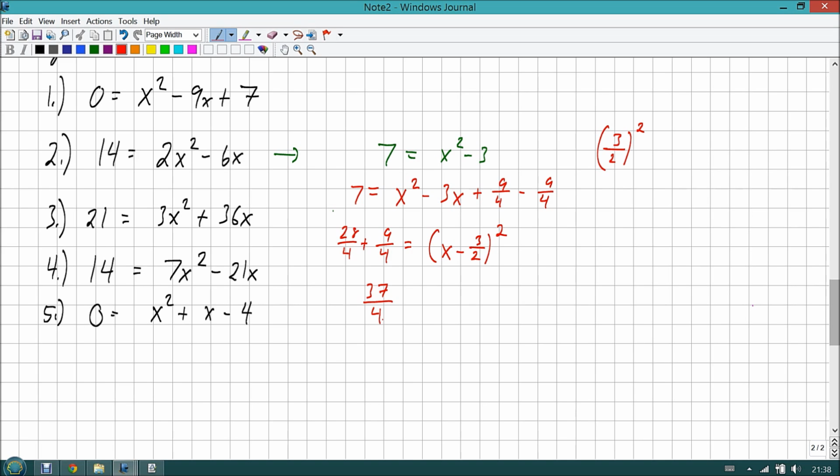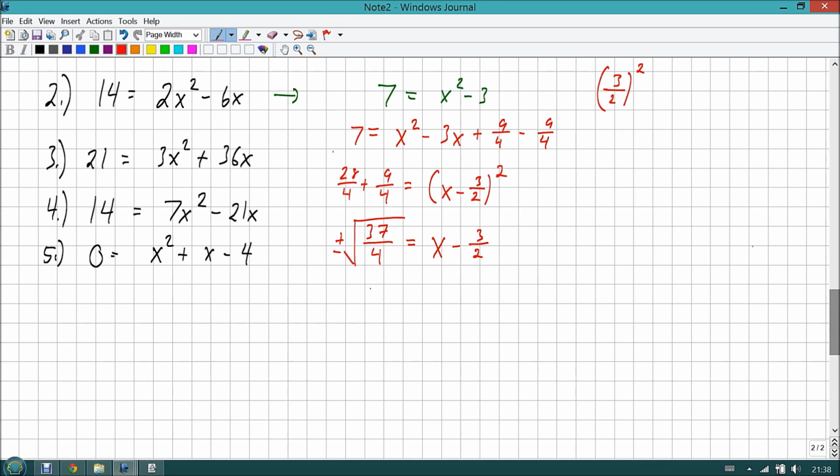So I have 37 over 4, and I'm taking the square root of both sides, so that's going to be plus or minus the square root of 37 over 4 is equal to x minus 3 halves. Going to add 3 halves to both sides. And voila, we have solved for our x.